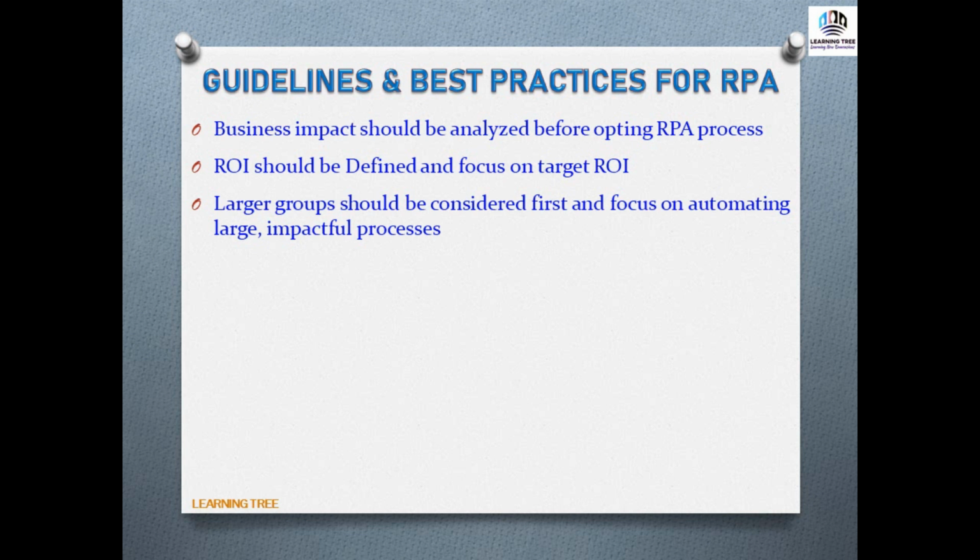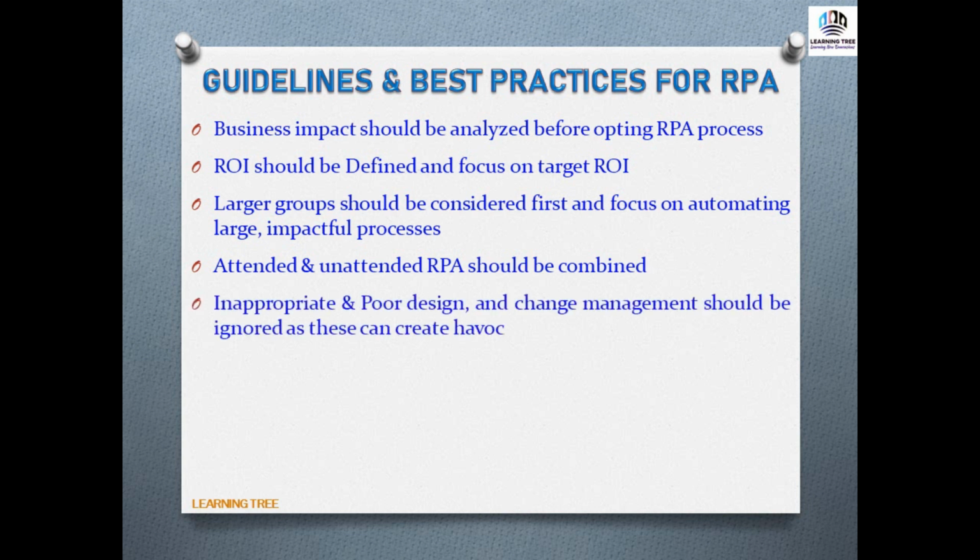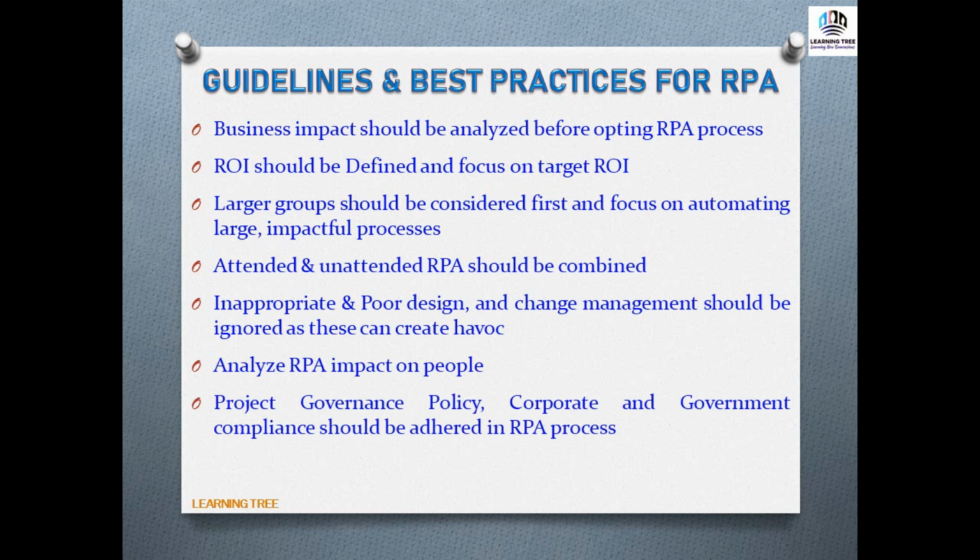Attended and unattended RPA should be combined. Inappropriate and poor design and change management should be avoided as these can create havoc. Analyze RPA impact on people. Project governance policy, corporate and government compliance should be adhered to in the RPA process.